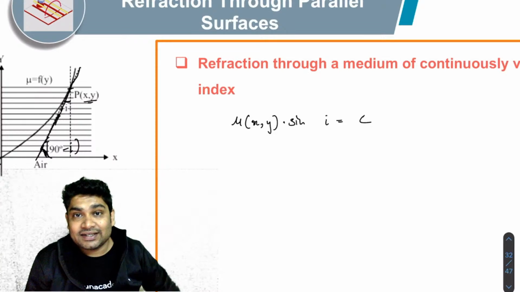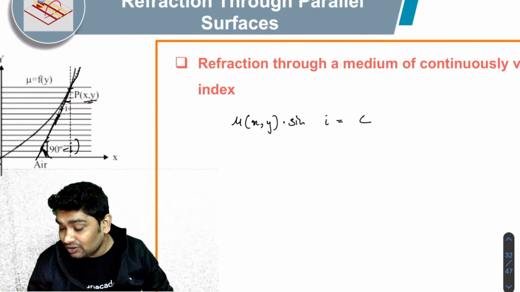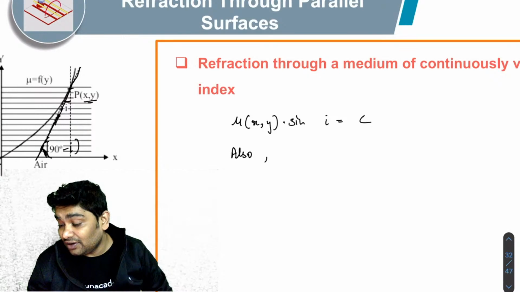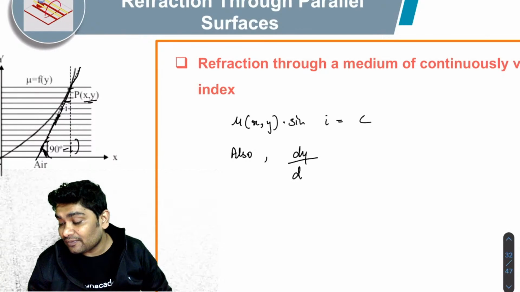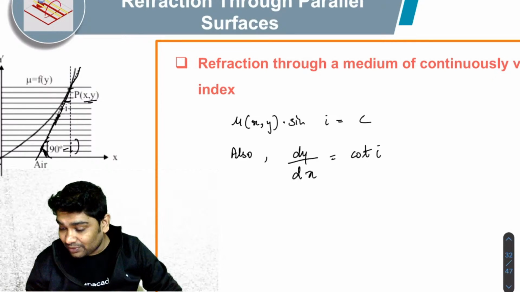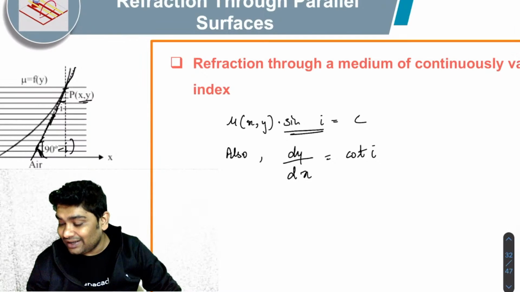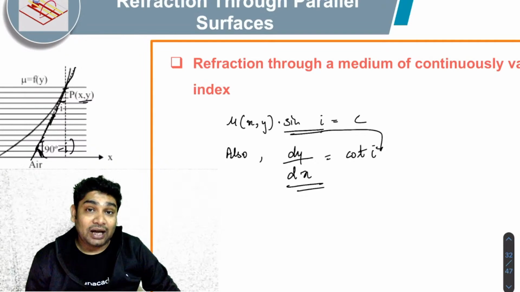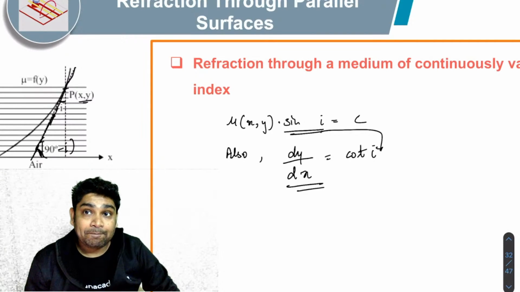Slope of the tangent is 90 minus I. So can I say also dy by dx equals cot I? So what you need to do is from here find the value of sin I, substitute here, integrate this, and then you can find the equation of the path taken by the light ray.